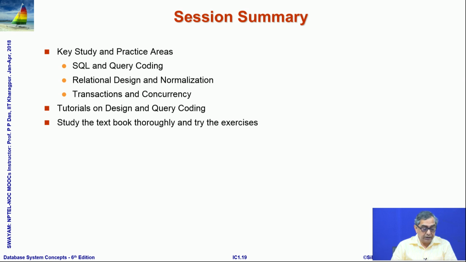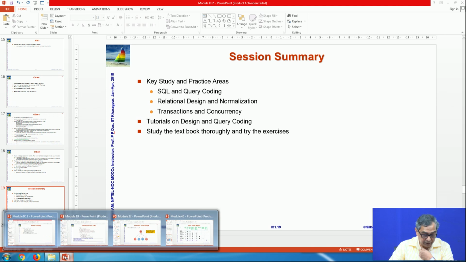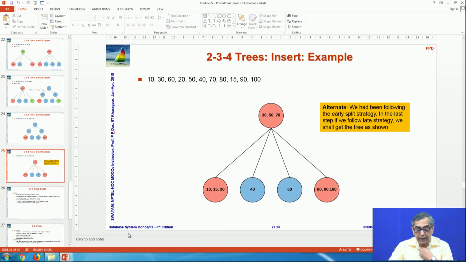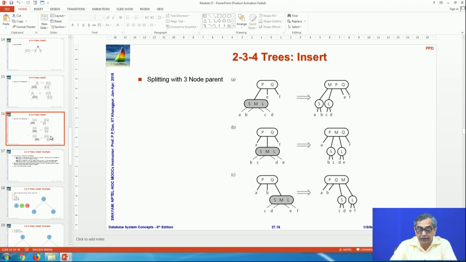So, these were the compiled queries. I think I will take up another query which came in just before I was coming for the live session. That was regarding insertion in a B plus tree. The question was about the 2, 3, 4 trees we had done, which have 3 kinds of nodes, 2 node, 3 node and 4 node.